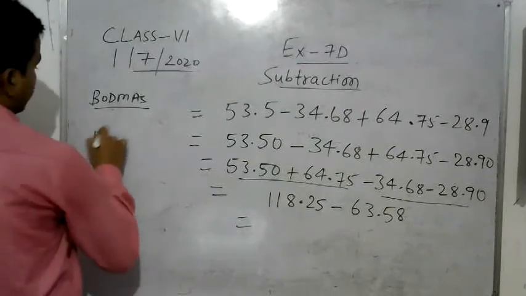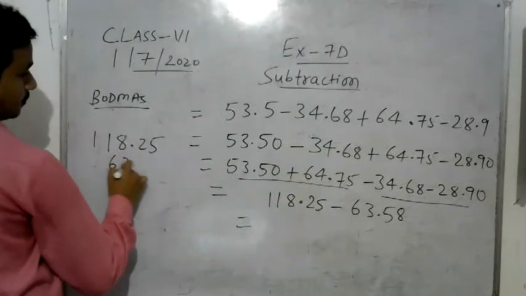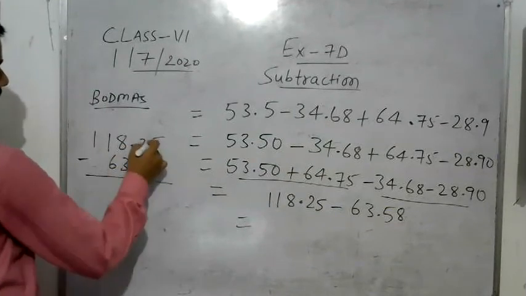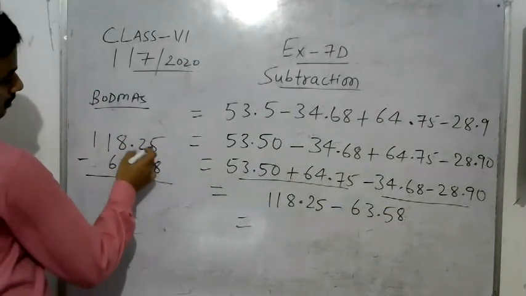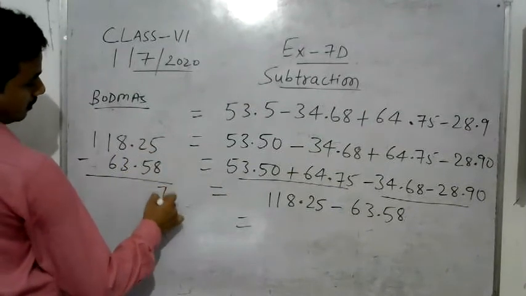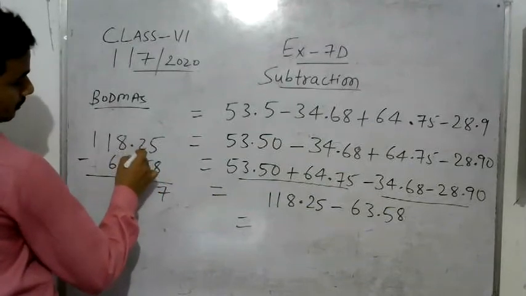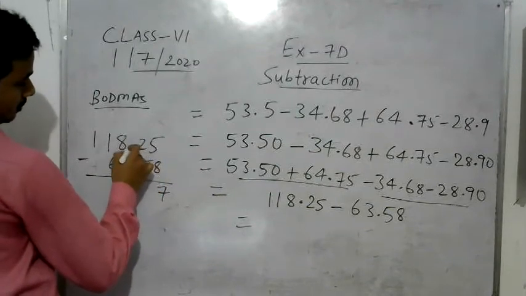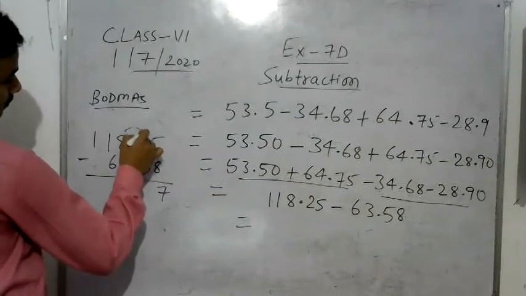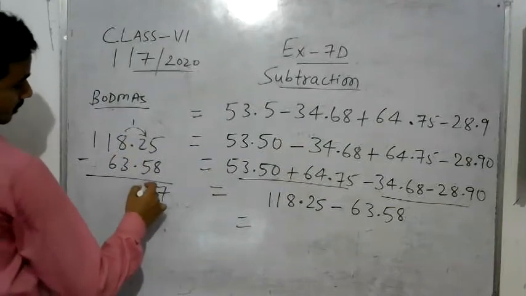Now we will subtract it: 118.25 minus 63.58. So here 5 minus 8, we have to take a carry from it. 15 minus 8 is 7. And here 1, we have to take a carry from here. So 11 minus 5 is 6.